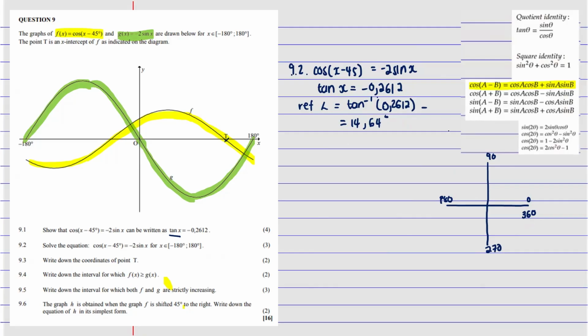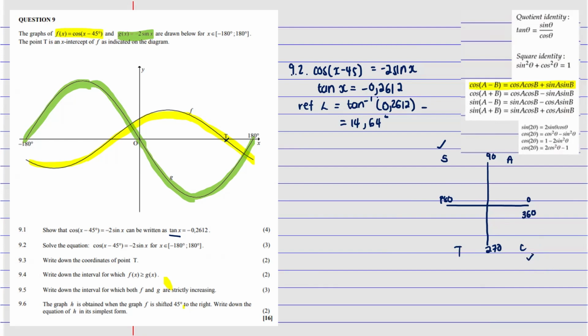So where is tan negative? Remember, this is All Students Take Coffee. It's in the second quadrant, and also in the fourth quadrant. That's where our tan is negative.